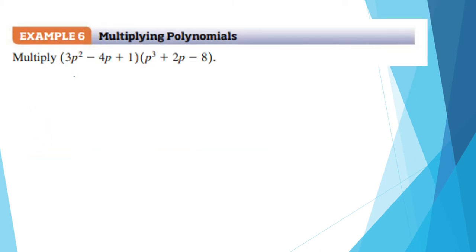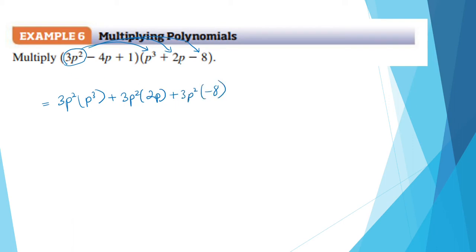Example 6. Let's multiply these two polynomials together. I always like to start with the first term and then distribute that to the other terms. So let's try to multiply this out. We have 3p squared times p cubed, 3p squared again times 2p, 3p squared again times negative 8.